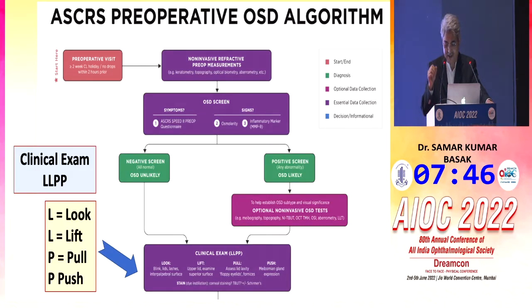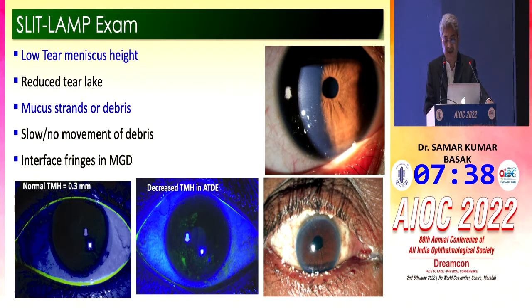We directly look at the pupil and the cataract status of the patient, but you know that the lid is the most important part of our eye. In slit lamp examination, look for lower tear meniscus height, reduced tear lag, mucous strands or debris, slow or no movement with lid movements, and you can also see interference fringes of meibomian gland secretion. You can also elicit the toothpaste sign.